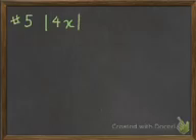Question number 5. The absolute value of 4x plus 3 is equal to 23.